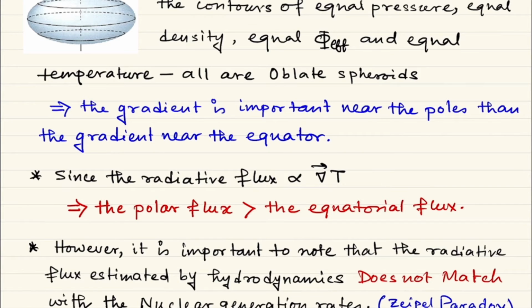Now if we think of the radiative flux, due to this temperature gradient some radiative flux is coming out.